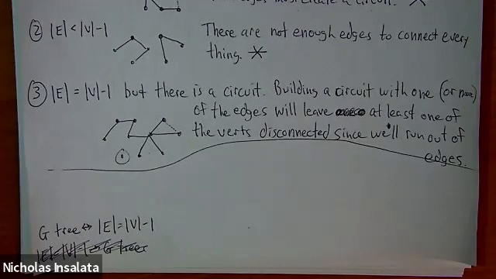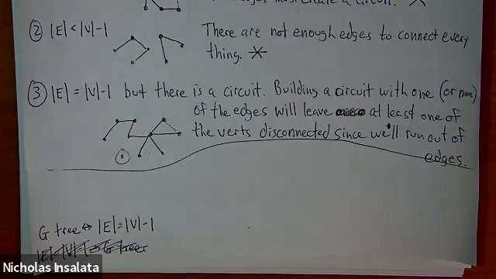So here goes. A tree with 9 vertices and 9 edges. Does that exist? No. Very good. Because of the thing that we just proved, the rule. There has to be one less edge than vertices.